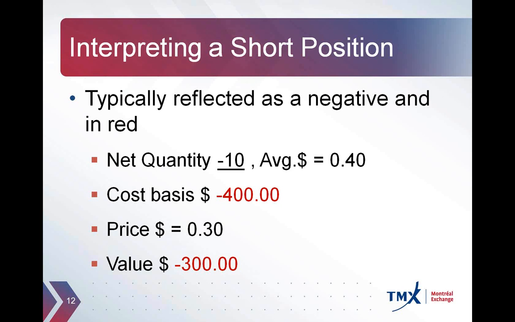The one thing we wanted to point out here is that when you sell a covered call, in the simulator it will show as red, and in a lot of brokerages it'll show red, but really it shows as a negative. That's the key thing. In a zero-sum game, the seller of the call, as a covered call writer, is short the option. It'll show -10, and the buyer of the call will show +10.